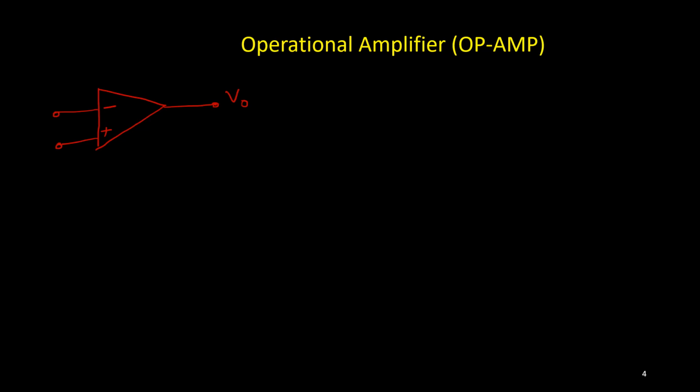So if you want to use this op amp as an amplifier, then we have to use it with negative feedback. Okay, so this is V1 and V2, and you know that this voltage is simply AV times V2 minus V1, and AV is very high, in the range of 10 to the power 6 for a practical 741 op amp.